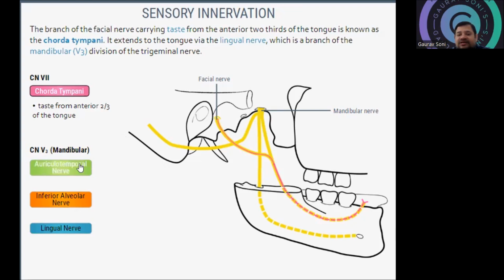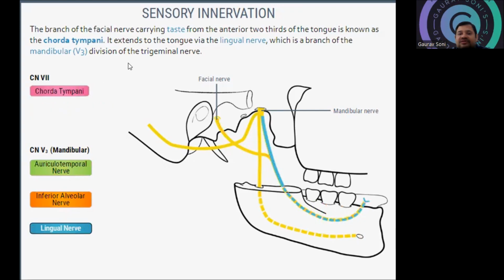Now the mandibular division of the trigeminal has more branches you can see from here: the auriculotemporal nerve, inferior alveolar nerve, and lingual nerve. Let us see all these again so that we can get a clearer view. The anterior two-thirds is supplied by the chorda tympani, which is the branch of 7.